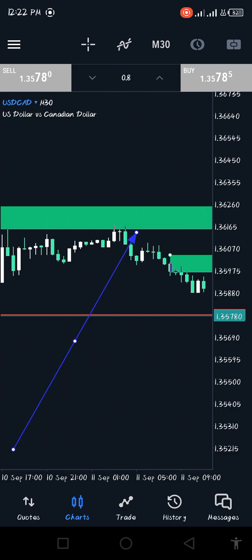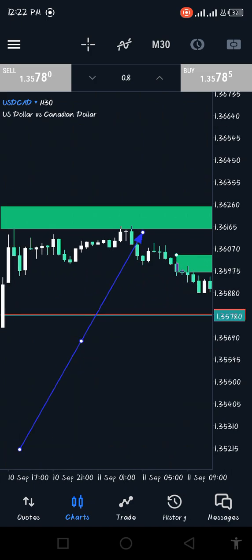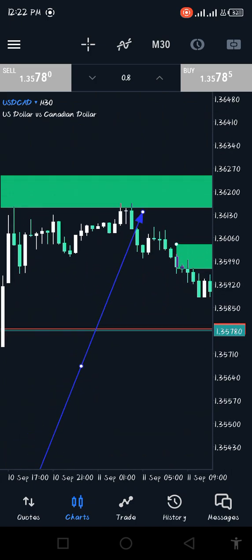Why? Because the big boys are in play, guys, and they manifest themselves by having a pin bar or an engulfing candle in those zones.